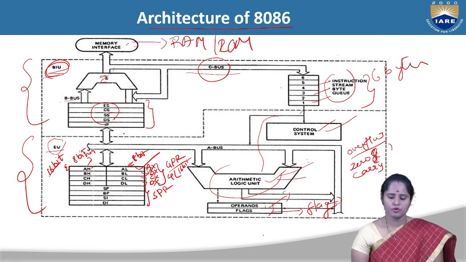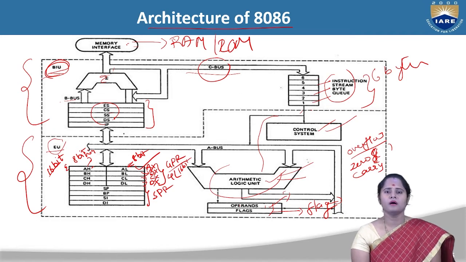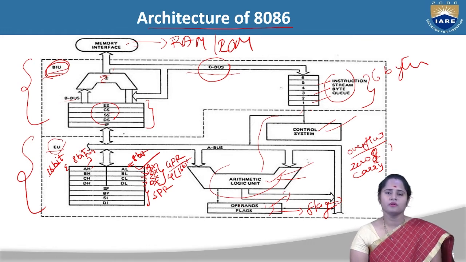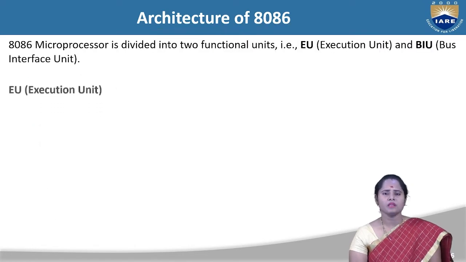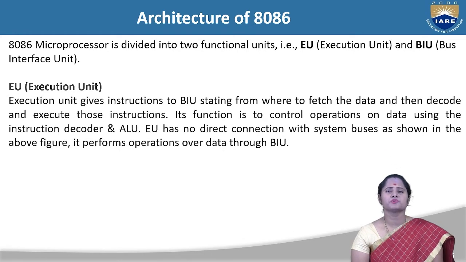So what is what? You can say the architecture of the 8086 is divided into two blocks, the bus interface unit and the execution unit. We'll see each in detail. First, let us see the execution unit. What is an execution unit?